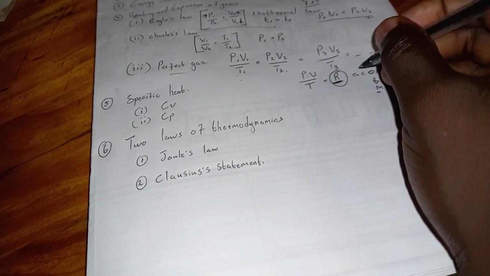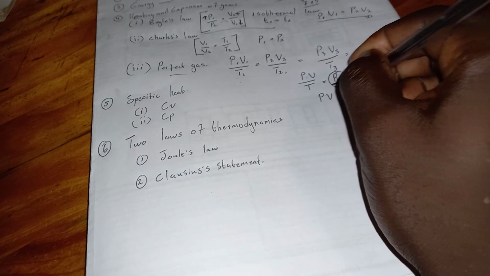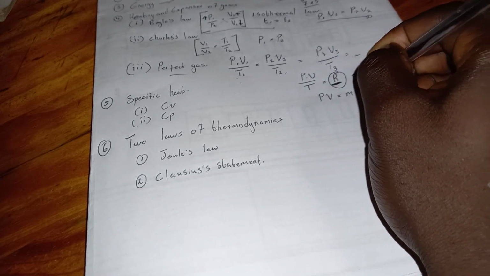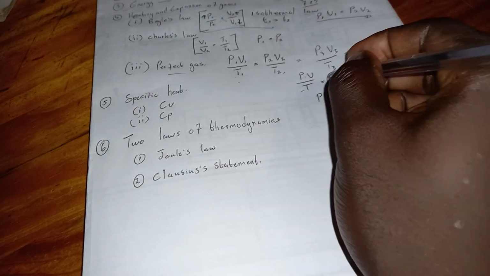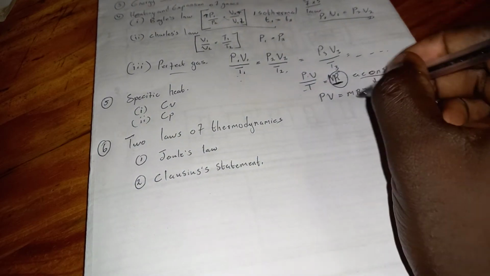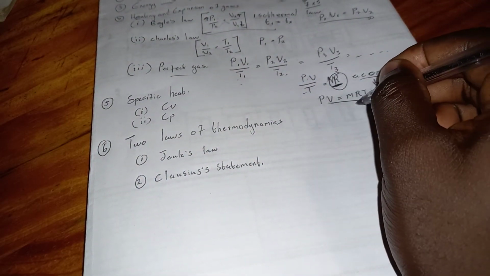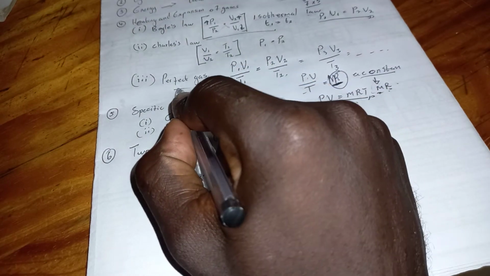That's where we get the formula that says PV is equal to mRT, because this T will multiply here and we have R. The constant is the mass multiplied by the characteristic of that certain gas. So this is the formula for a perfect gas.